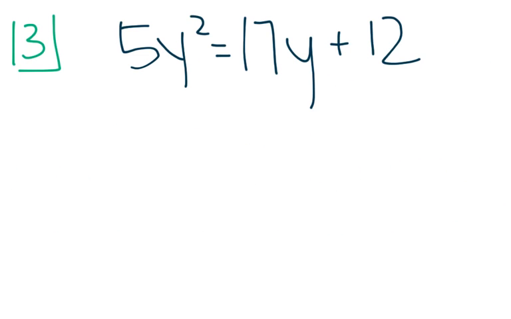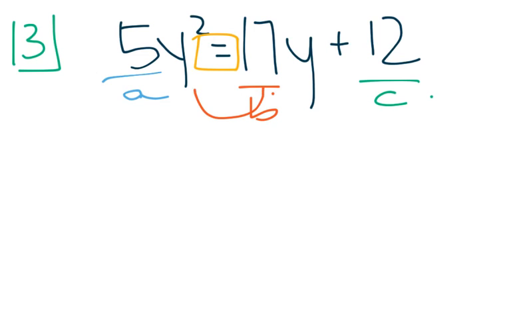Okay. Number 7. So we have A, B, and C. And guess what? Just kidding, because we have this equal sign. So what that means is B is not going to be positive 17, and C is not going to be positive 12, because what we want to do is move these both to the other side of the equal sign so we can make this equation equal to 0.